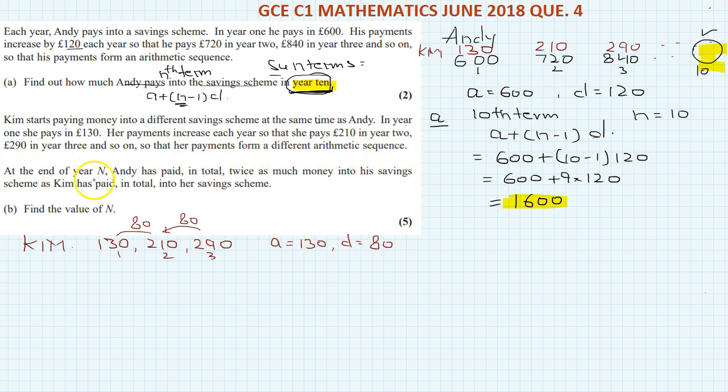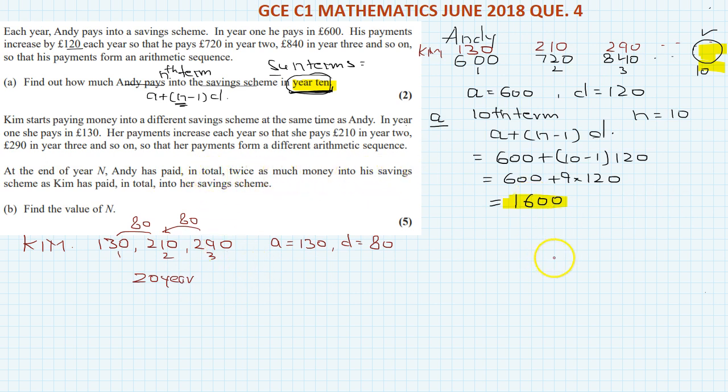At the end of year n, Andy has paid in total twice as much money into his saving account as Kim has paid. Just as an example, suppose after 20 years Andy has paid in total twice as much money.